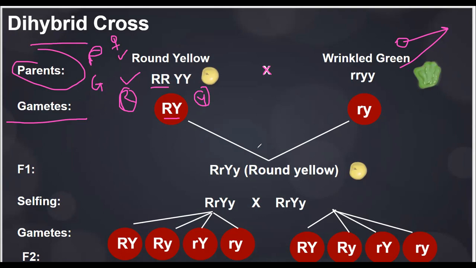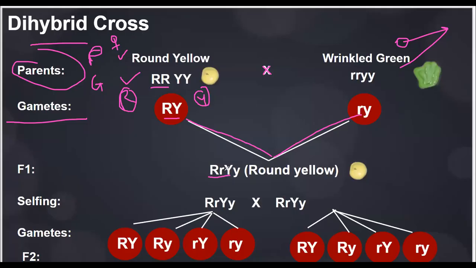So in the first generation, capital R Y into small r y, what you will get is capital R, small r, capital Y, small y.